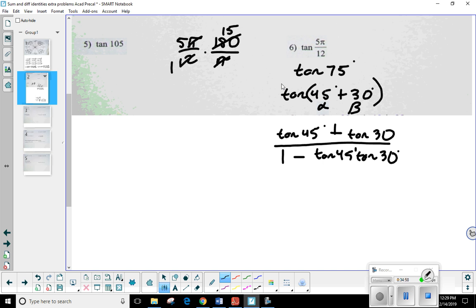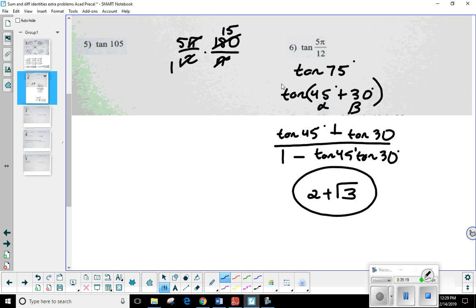If you want to, where did I put it? Thought I had this. Here we go, right here. This one, if you wanted to go ahead and continue, get a little bit of practice, I'll tell you this one right here should come out to 2 plus the square root of 3 as your final answer. Okay.